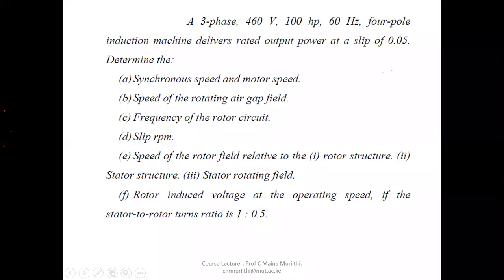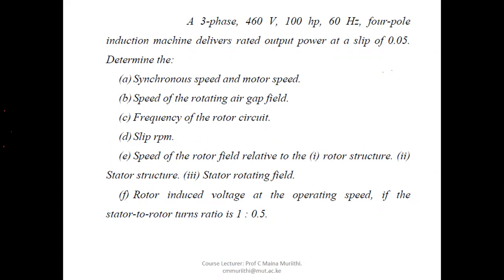And let's see whether we can solve this question. I'll give us a 2-minute silent time to try and go through the question. A 3-phase 460 volt, 100 horsepower, 60 hertz, 4-pole induction machine delivers rated output power at a slip of 0.5.